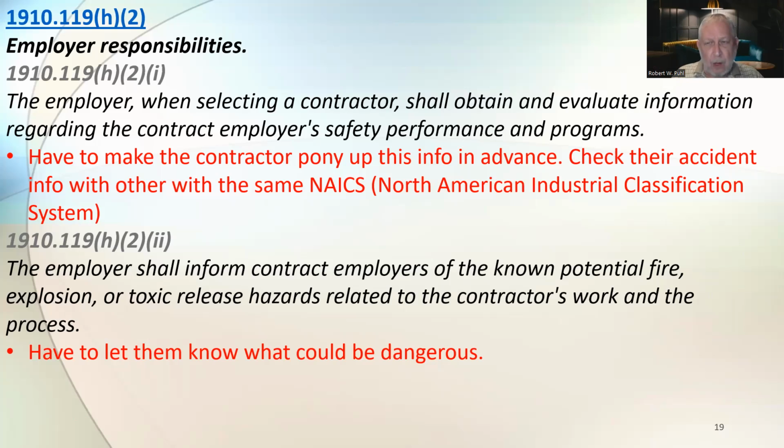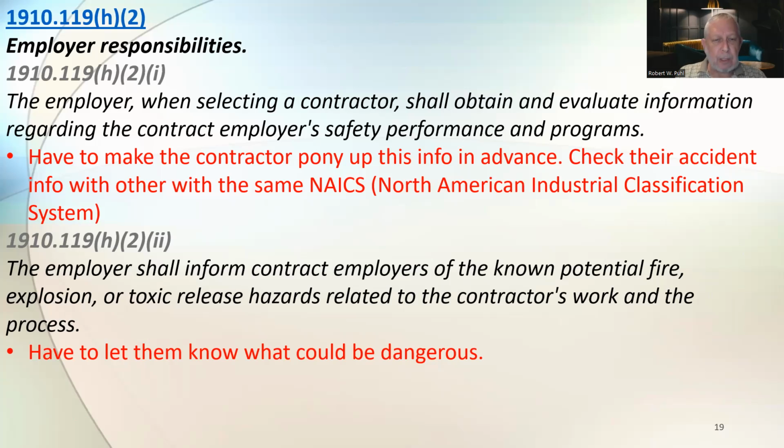I had a spreadsheet with these contractors on it, and I'd look it up and see how their OSHA rate compared with other people in their North American Industrial Classification System. Let's say they were electricians, and the OSHA rate for all electricians was 3.0 accidents, and they were at 6. Oh, wait a minute here, we got a problem. That's information that they have to provide by law, and they'll have to give it to you particularly, but if they don't, they wouldn't be a contractor.